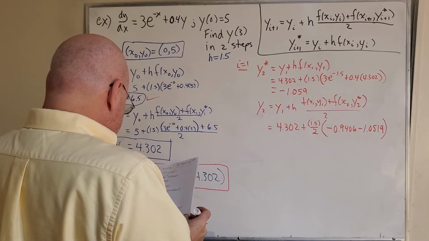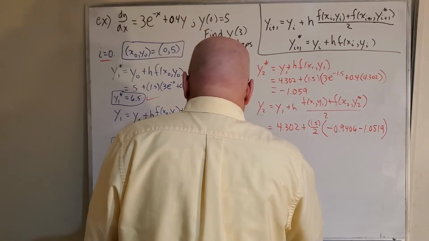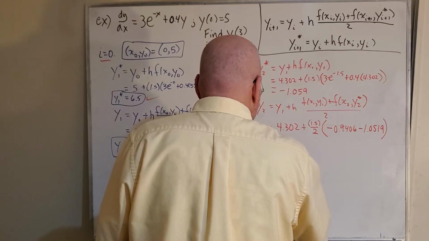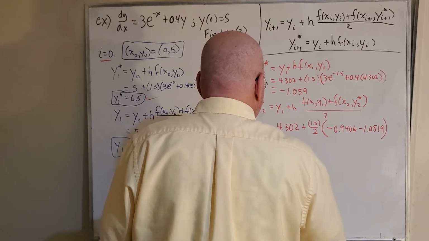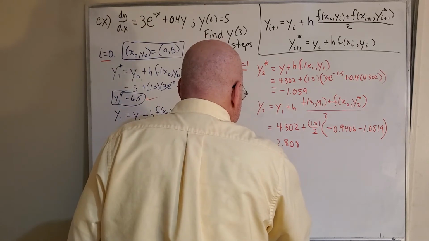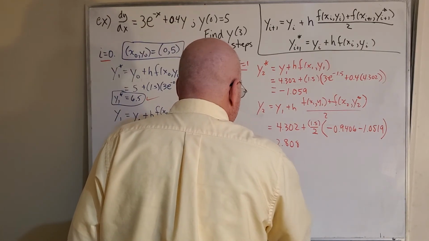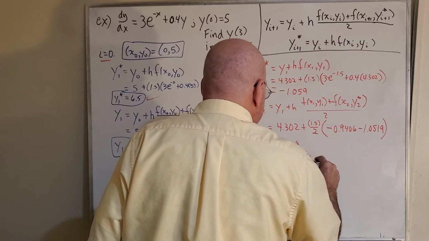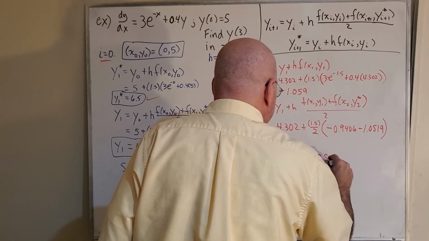And if you plug that into the calculator, you get 2.808. So that means that x2, y2 is 3, 2.808.